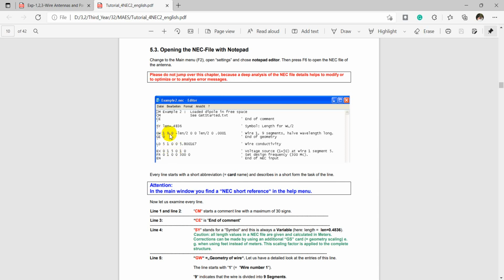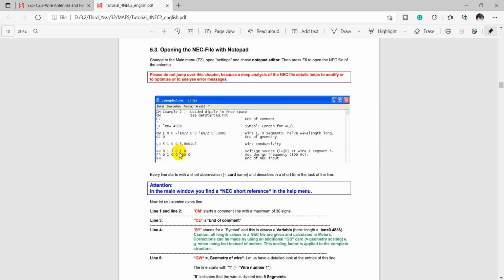In the geometry of wire, the segmentation is 9, which is the total number of segments of this wire, and in the excitation of the voltage source, the segment value is 5, which indicates the center of the wire is connected with the voltage source. The feeding system is in one direction, and the feed is at the center point. Then the 0 indicates the option. The option must be 0.